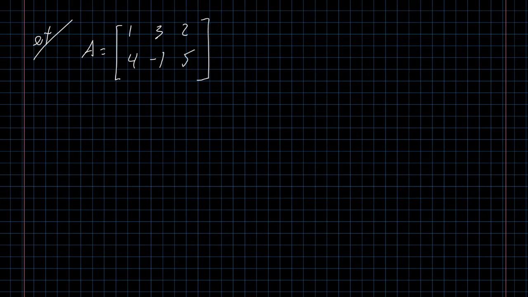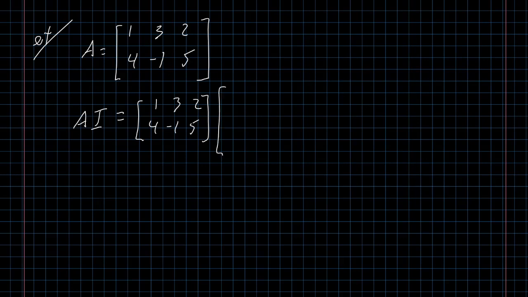One, 3, 2, 4, -1, 5. And I want to just go through the calculations. If I want to multiply A times I, I will take 1, 3, 2, 4, -1, 5.